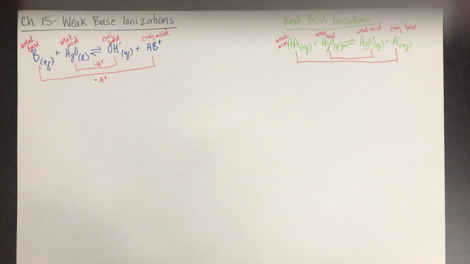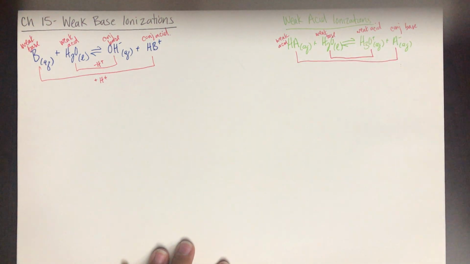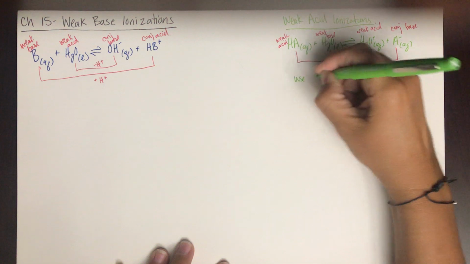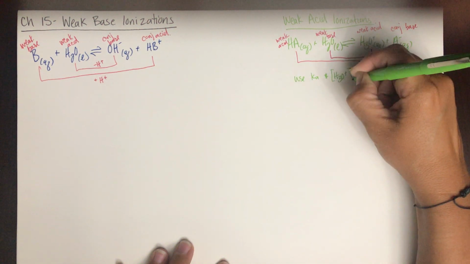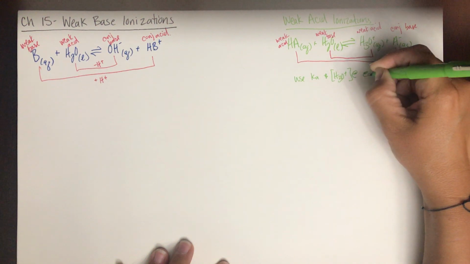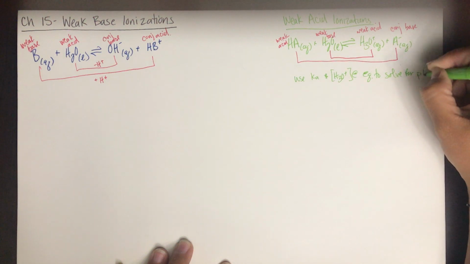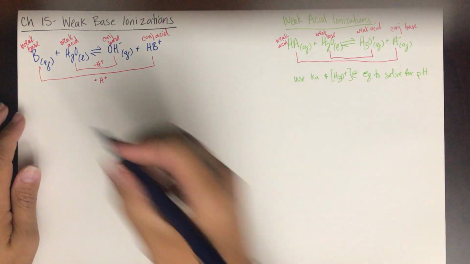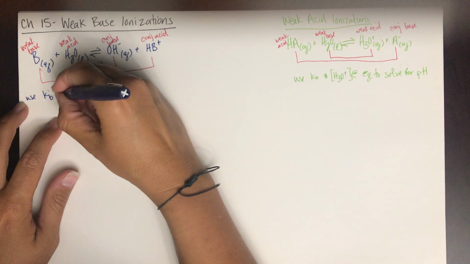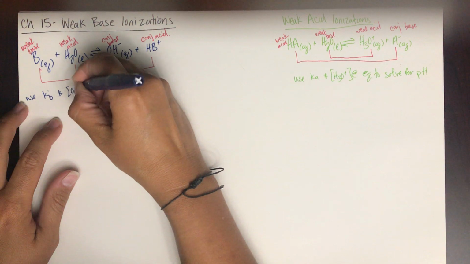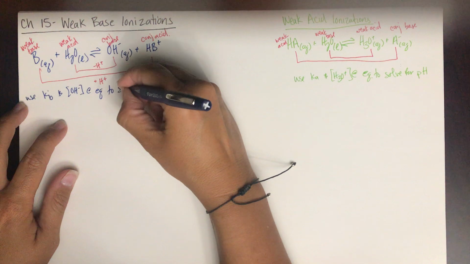Just like when we were doing these weak acid ionization calculations, we would use the Ka and the hydronium ion concentration at equilibrium to solve for the pH. That's what we've been doing. So now we are going to use the Kb and the hydroxide ion concentration at equilibrium to solve for pH.